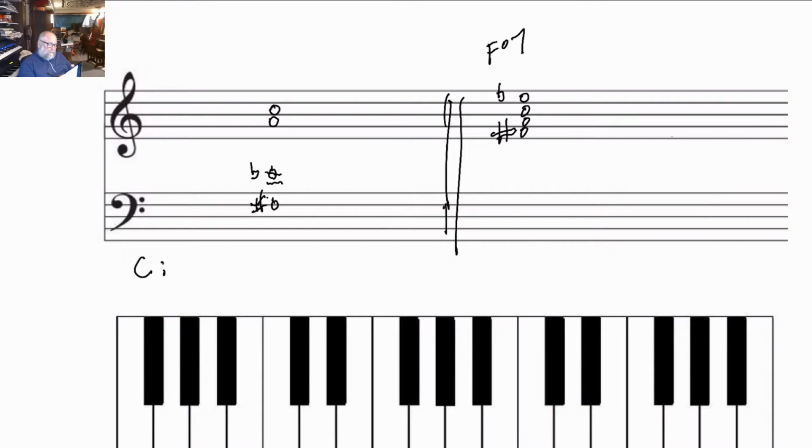It would lead to a G. And G in the key of C would be some kind of 5 chord. And so this would be a 7 diminished 7 of 5. I'm going to put that over here. 7 diminished 7 of 5.